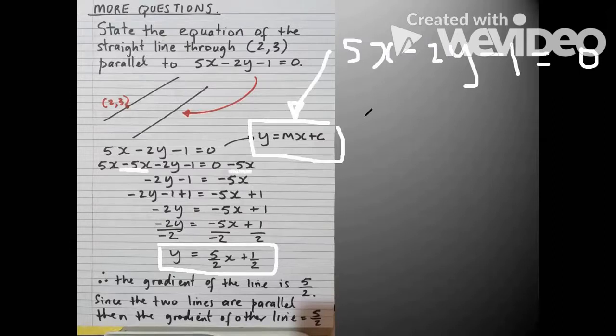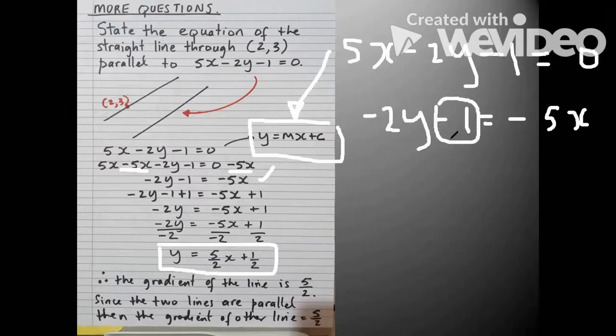So what we're left with is negative 2y subtract 1 equals negative 5x, which is this line here. But no, it's still not in the form of y equals mx plus c. I need to get rid of this negative 1 by adding 1 to it.